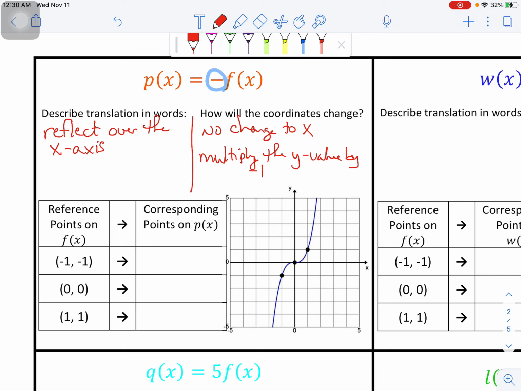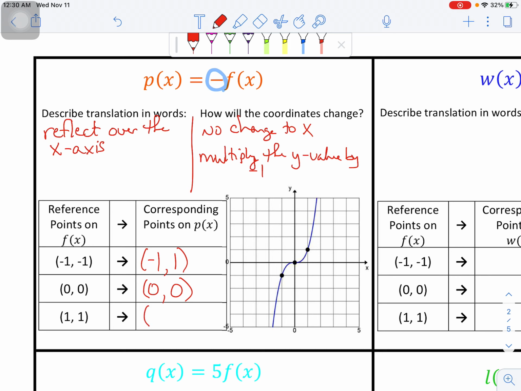That -1 will cause it to flip signs and move over the x-axis, whether it's positive to negative, or negative to positive. So for our reference point, this first one, we're going to leave the x value alone, but then multiply the y value by -1. -1 times -1 is +1. Leave the x value alone. But 0, 0 isn't going to change here because it's not going to reflect. There is no place for it to reflect to. If we multiply 0 by -1, we still get 0.